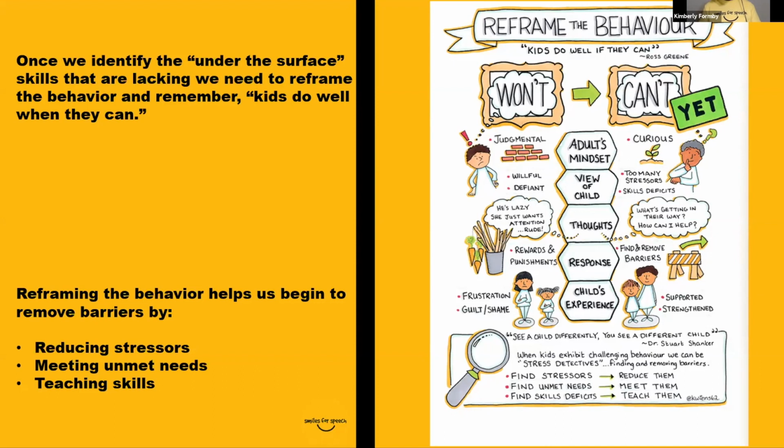So when we see a child that exhibits challenging behaviors, we become stress detectives, and by reducing and removing stressors, so we find out what those stressors are and we reduce them. We find out what those unmet needs are and we meet them. And we find out what those skills deficits are and we teach them those skills that they need.